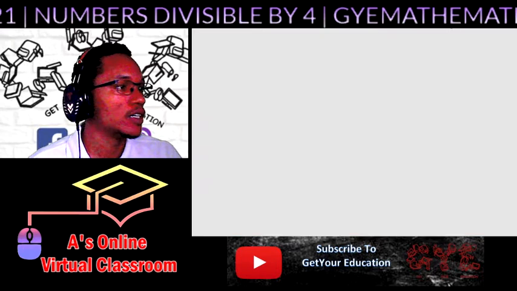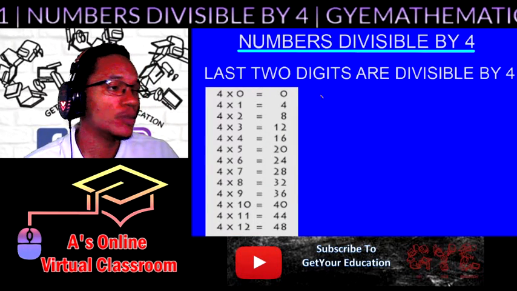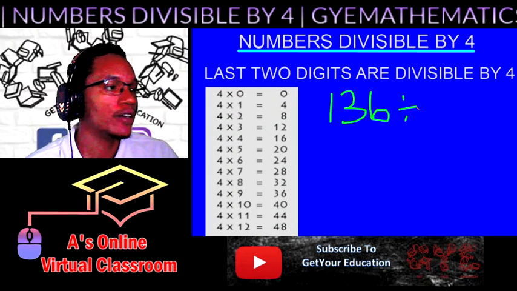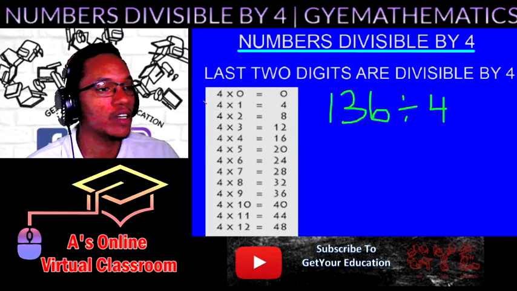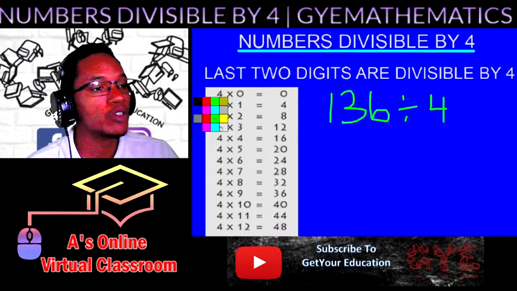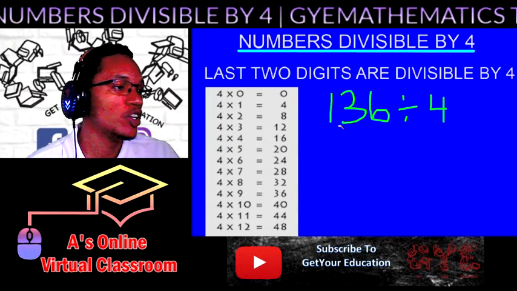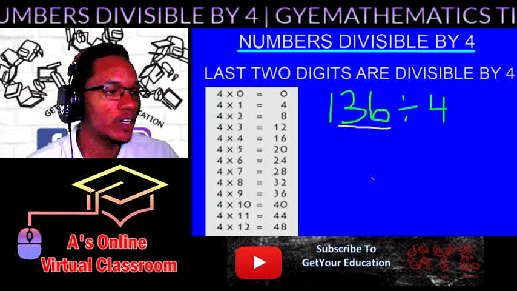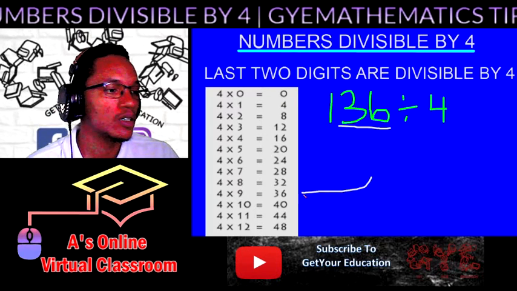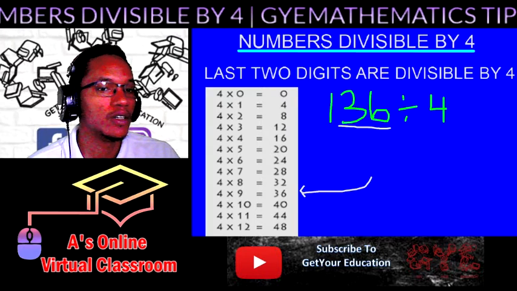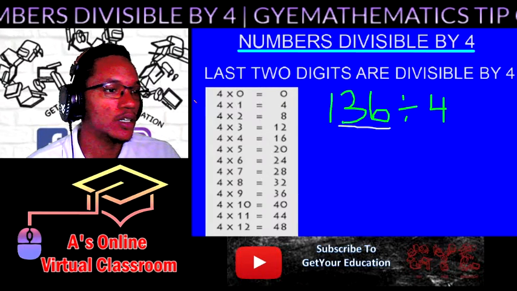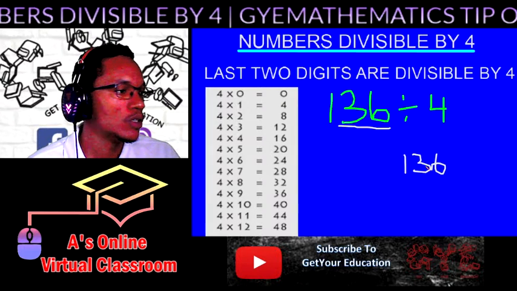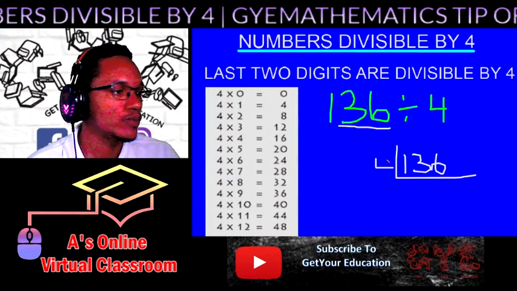You could look at another example, a small number like 136 divided by 4. Can 136 be divided by 4? Well, before we even actually divide it, I know it can, because the last two digits, 36, can be divided by 4. You can see that here, 9 times. So let's do that short division, which is similar to what we were doing before. 136 divided by 4.